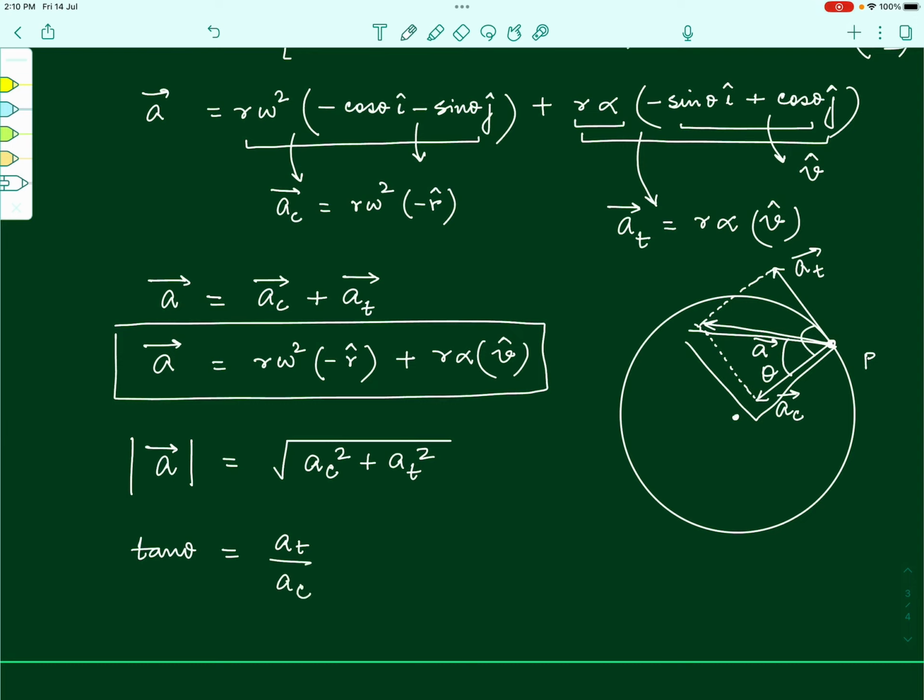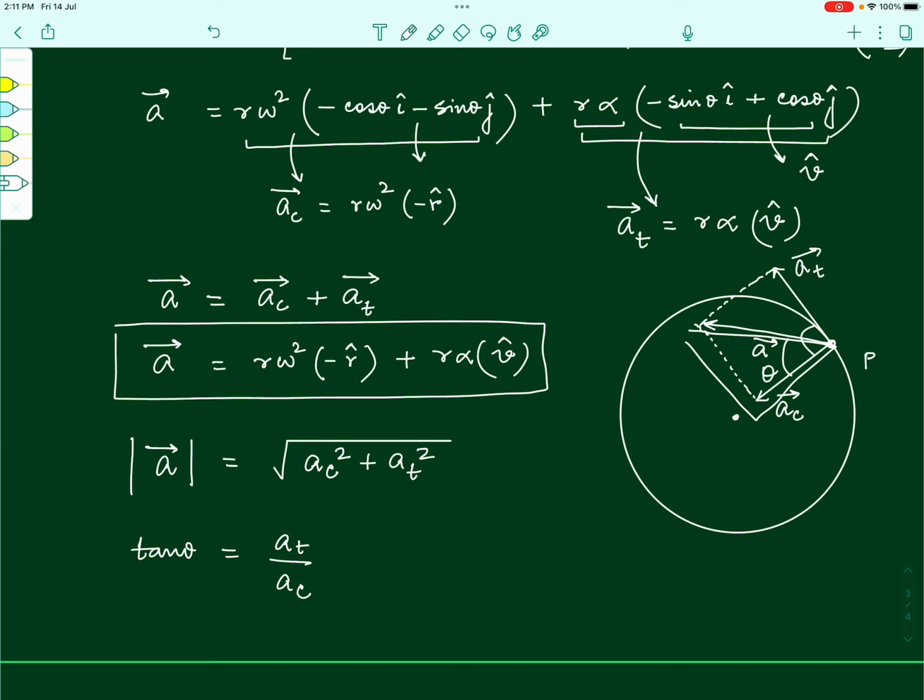So this way we can find both the magnitude as well as the direction of the net acceleration vector of this particle moving in a circular motion, and we can also find the individual accelerations: the centripetal acceleration, which is responsible for bringing in the change in the direction of the velocity vector, and the tangential acceleration, which I hope you all understand now.